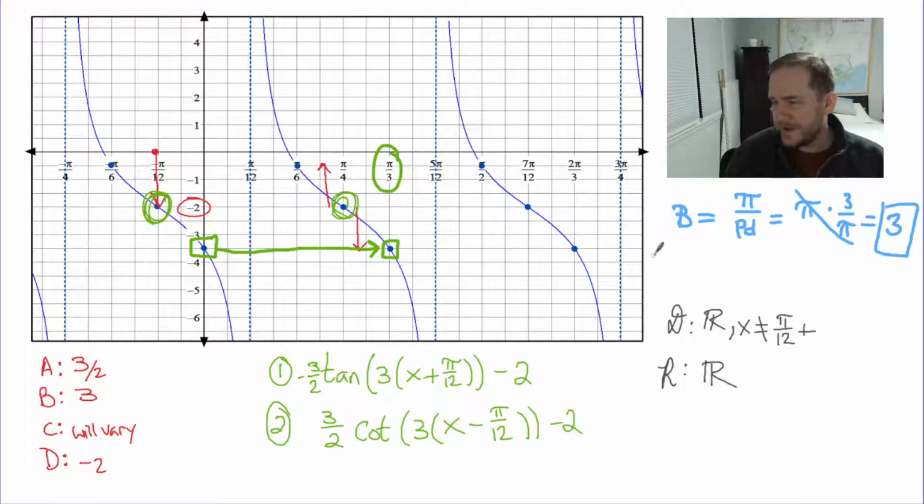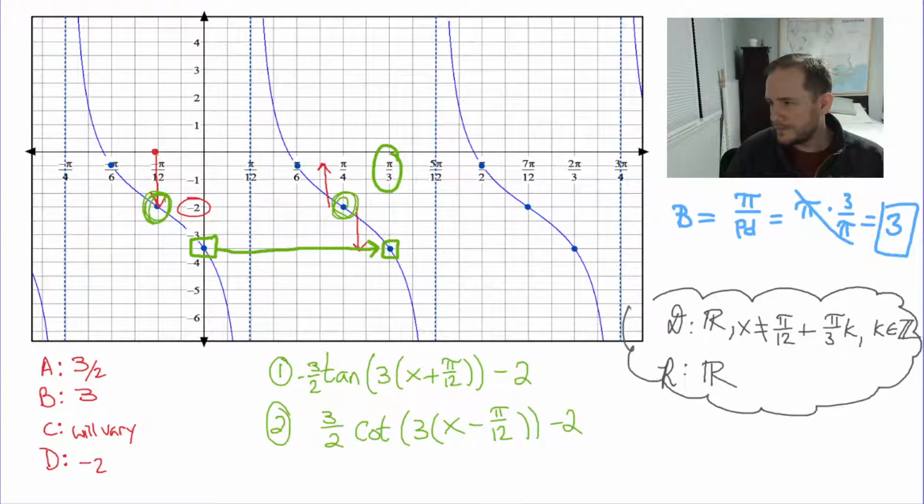Now add to that the distance that will map us onto every other asymptote, and that distance is a full period, and our period is pi over 3. Pi over 3 is what we said. So plus pi over 3 times k, where k is an element of the set of integers. Put that in a little cloud.